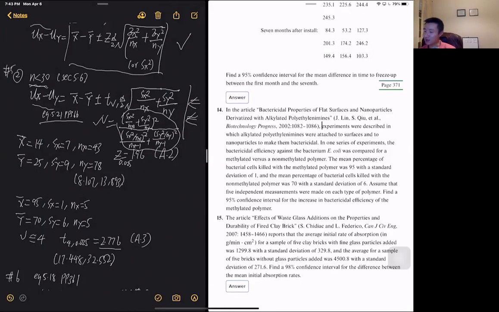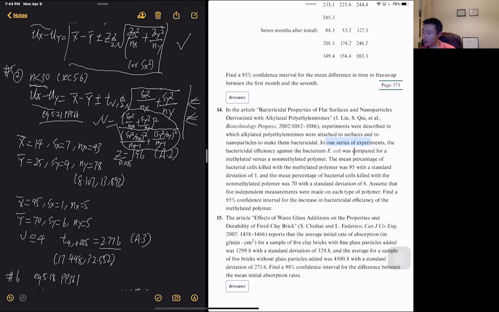We have an experiment described in which this is one type of material. It will attach to the surface and to nanoparticles to make them bactericidal, to kill bacteria.